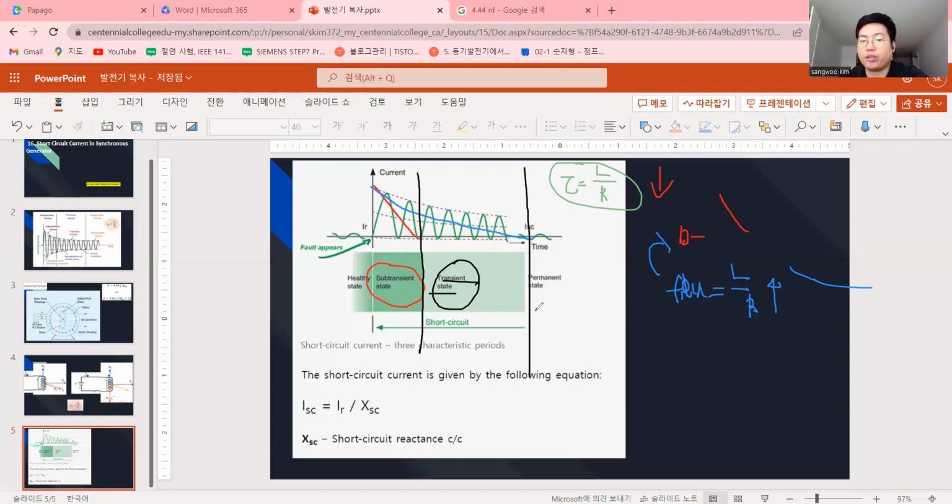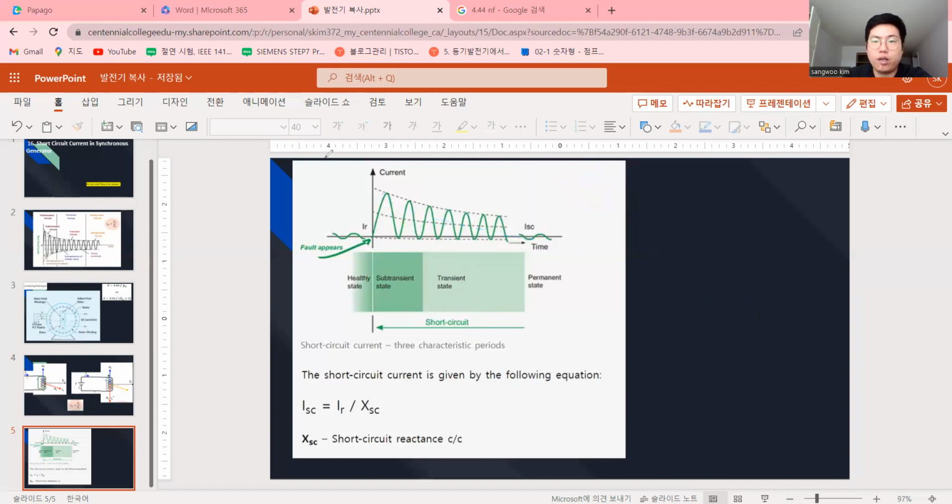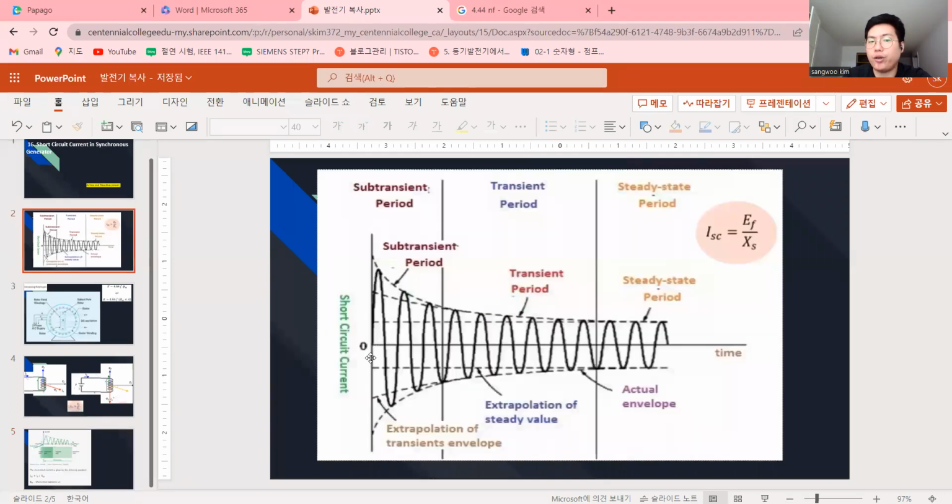Current or flux, right? So as you guys can see here, the sub-transient period is because of the dampers, low tau.